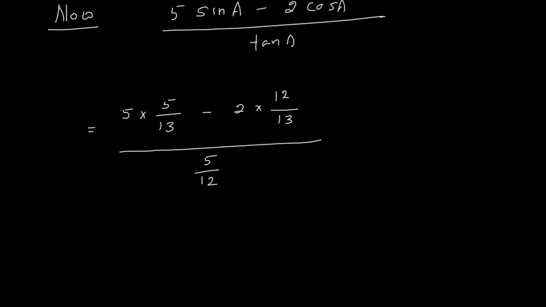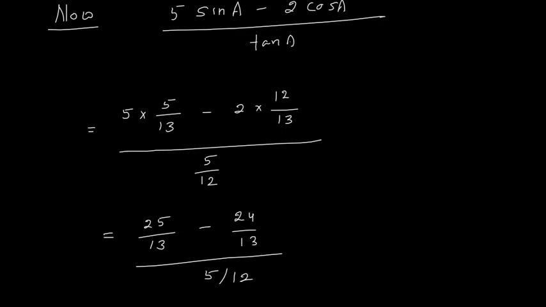So this is 5 5s are 25 upon 13 minus 12 2s are 24 upon 13 whole divided by 5 upon 12.